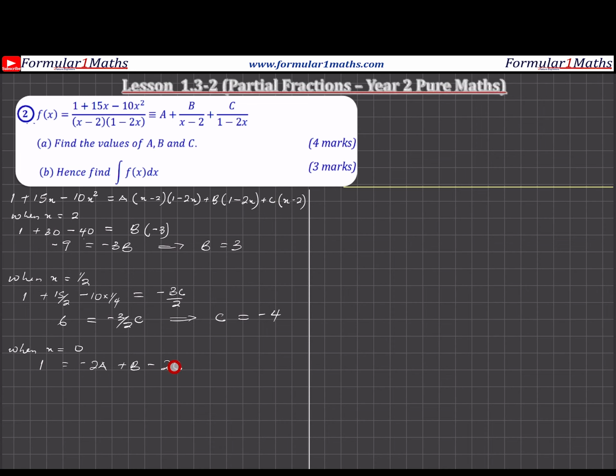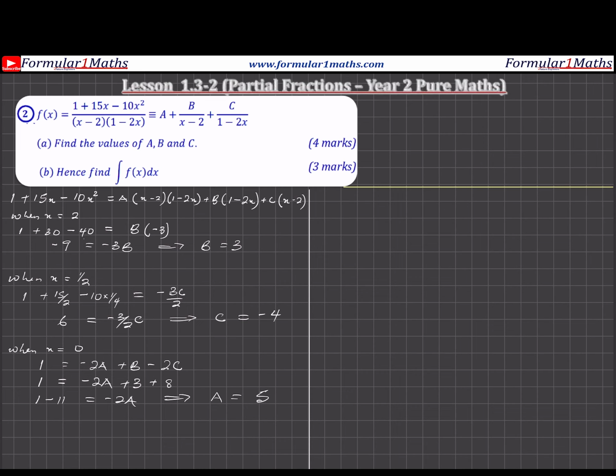That's why I have this here. But I know the values for b and c. So I'll do the substitution with those values. So I have 1 is equal to minus 2a. b we got to be 3. And c we got to be minus 4. So that makes it plus 8. And then I'll have 1 minus 11 is equal to minus 2a, which implies that a is equal to 5.